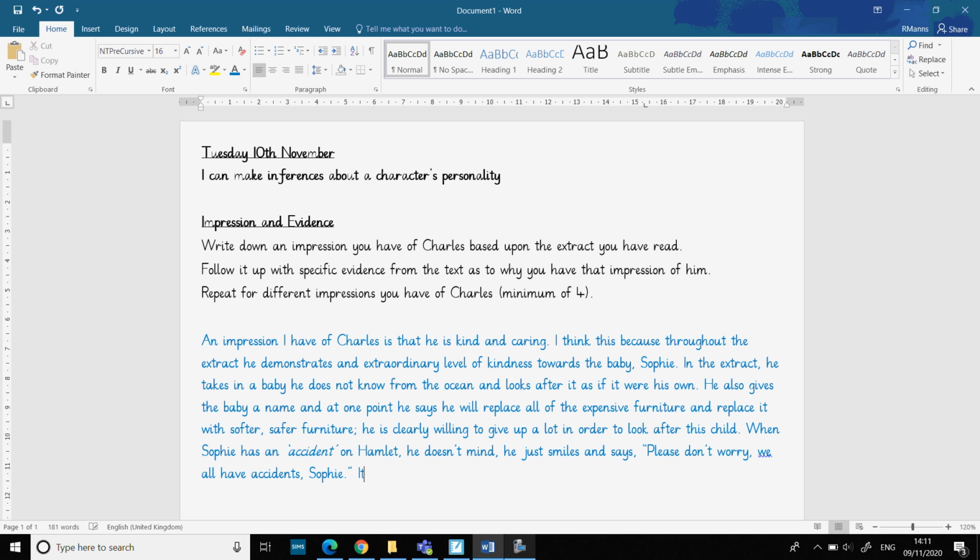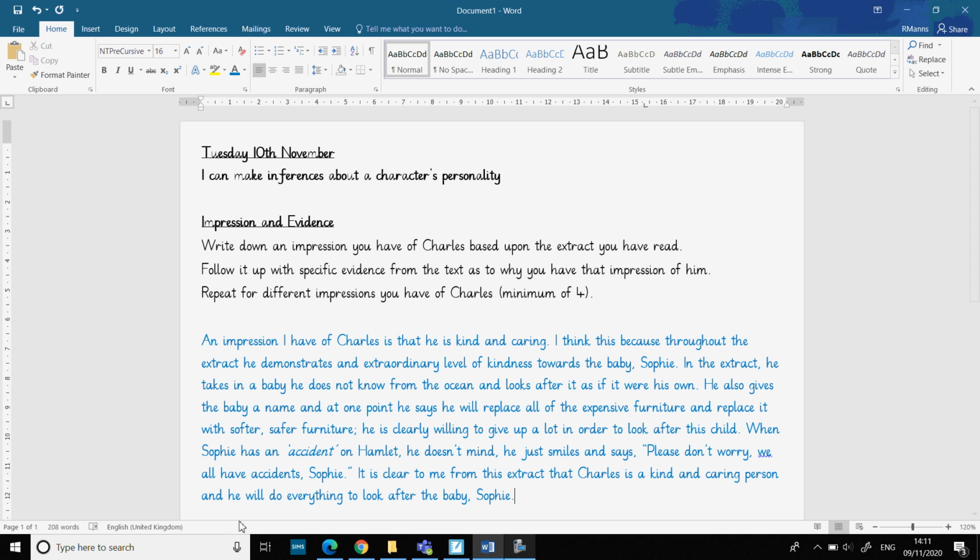And I'm just going to finish this off with the final line. It's clear to me from this extract that Charles is a kind and caring person, and he will do everything to look after the baby, Sophie.